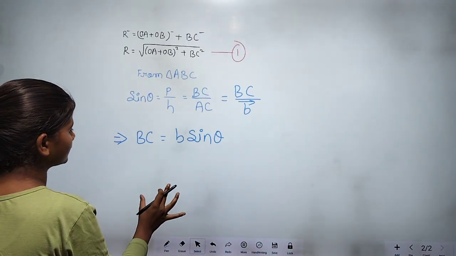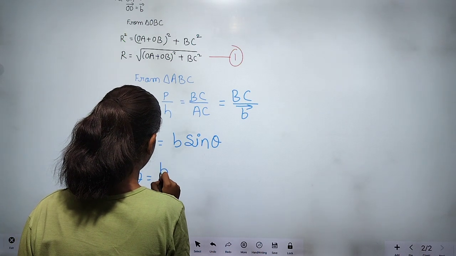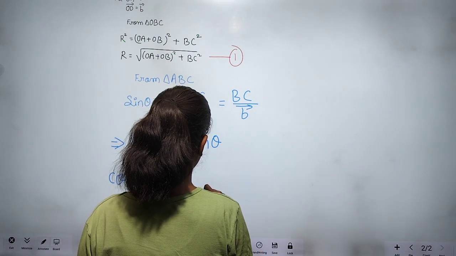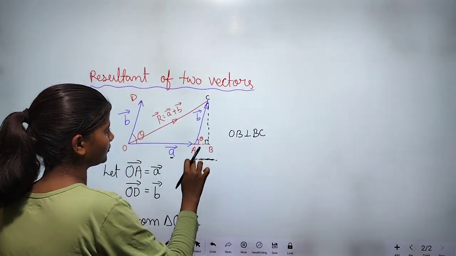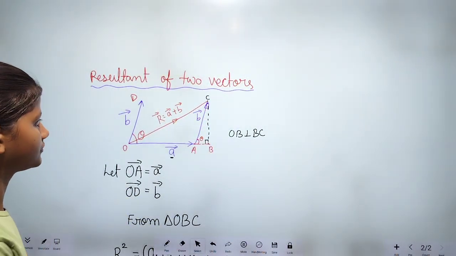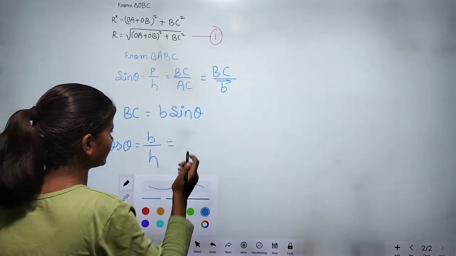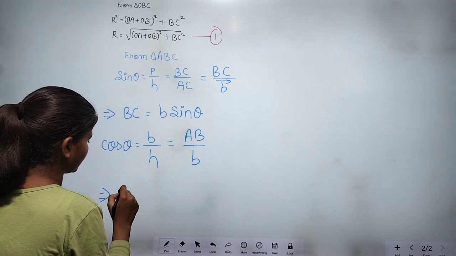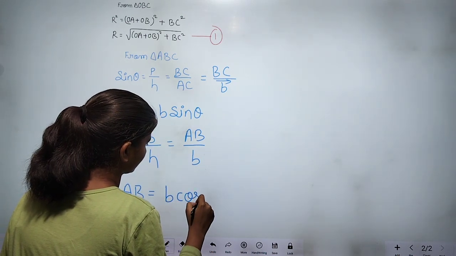Now further we can write cos theta is equal to base by hypotenuse, so AB by B. Further here AB is equal to B cos theta.